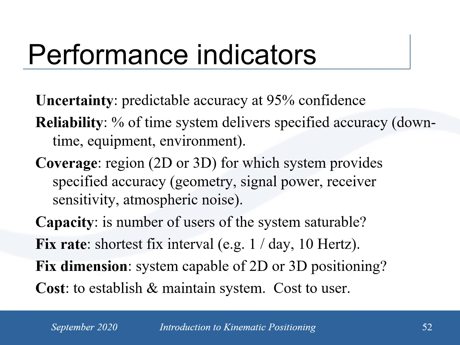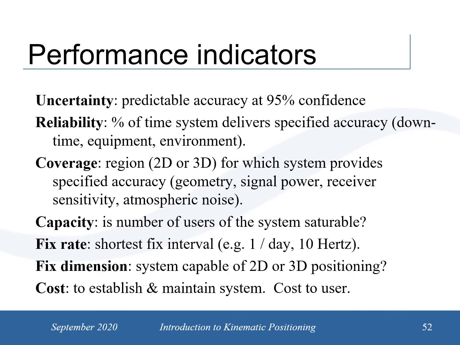So all that will affect accuracy. Capacity is the number of users that can use the system. In other words, there is going to be a limit of users. That's the capacity. More than that, the system becomes saturated.